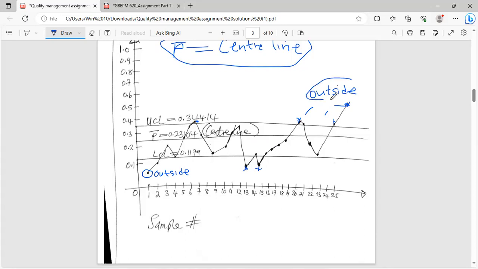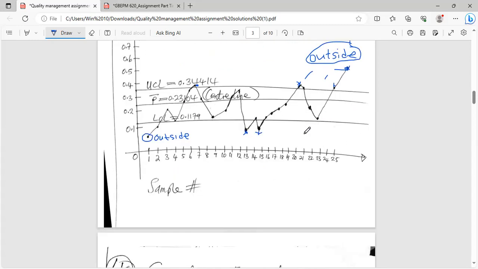So we are simply saying this process is statistically not in control, all right, because they are above the control limits, the upper control limit, and of course, the lower control limit.